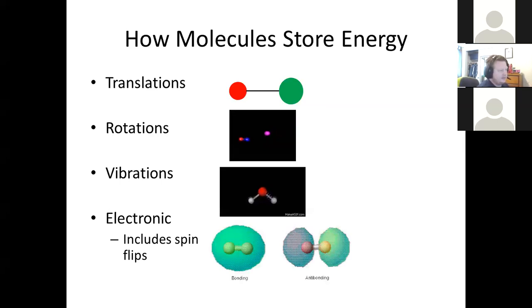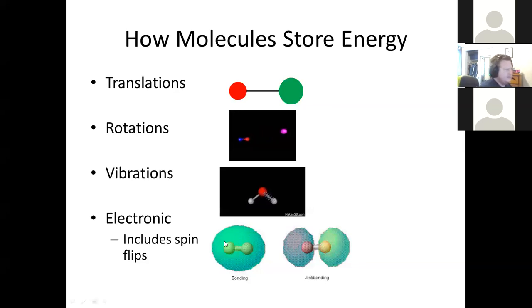The kinetic energy is proportional to the mass, and the mass of the electrons is basically negligible compared to the nuclei, so we don't think about it very often, unless it's a free electron floating off on its own away from the nucleus. Instead, we consider the potential energy based on how close it is to the nucleus, because the electron's negatively charged and the protons are positively charged, right?